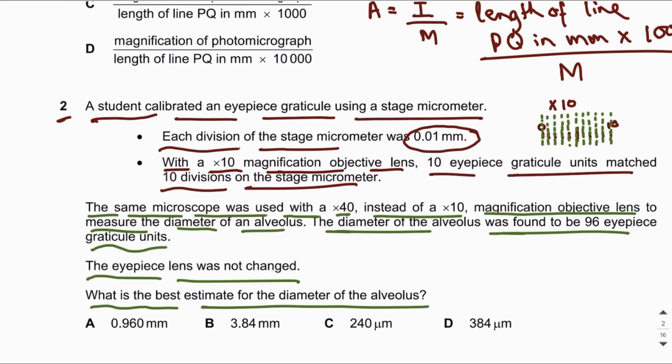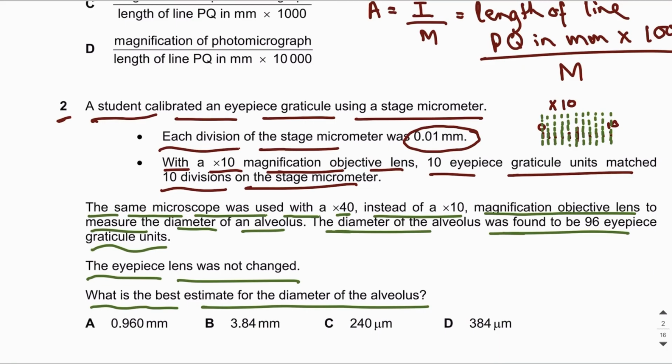So guys, they used the same microscope, but this time with a ×40 objective lens. So always remember this point, that whenever the magnification of the objective lens is changed, the scale that is magnified is the stage micrometer scale, right? When you change the magnification of the objective lens, the stage micrometer is magnified.